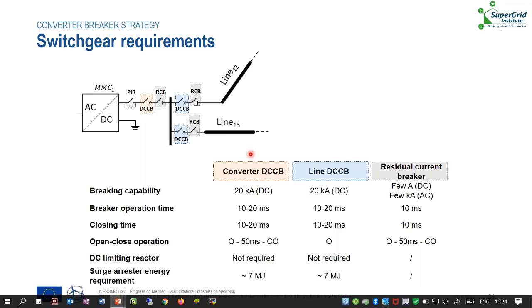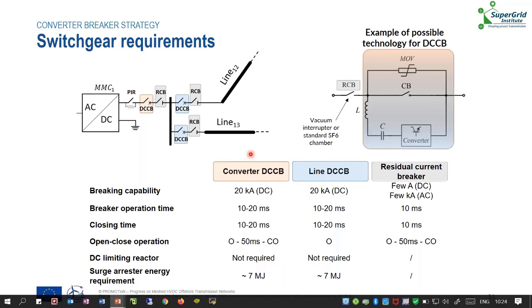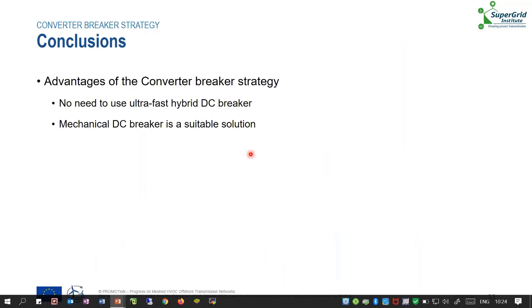So this leads also to the fact that the surge arrestor energy requirement is quite low, here with 7 megajoules. And the breaker should interrupt a residual current of about several amps, which can be done by a classic vacuum interrupter or a standard SF6 chamber.